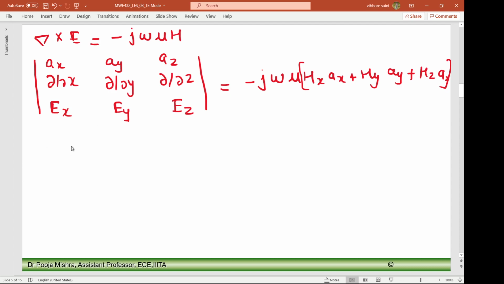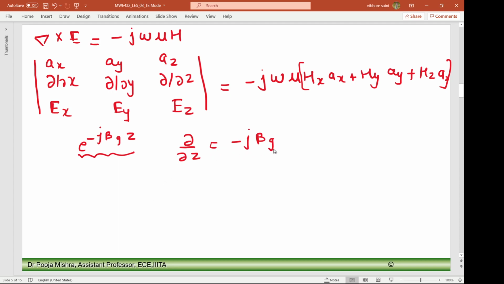Since wave propagation is in the z direction and we took the exponential minus j beta g z term in Hz, wherever we have del by del z, it can be replaced by the term minus j beta g.